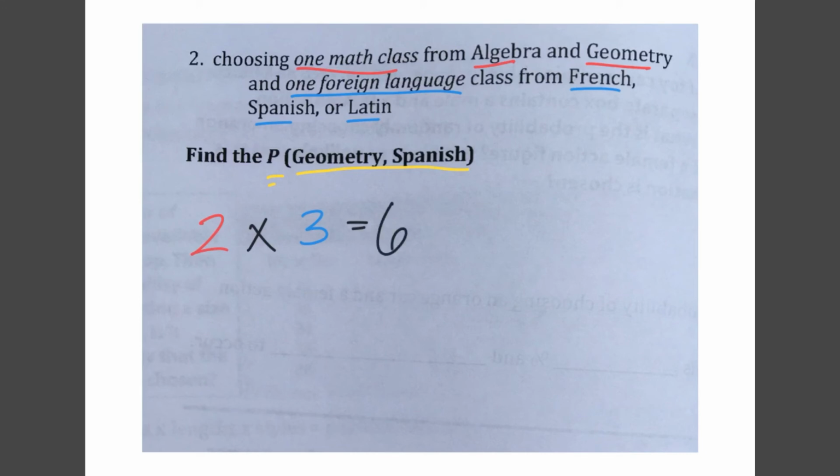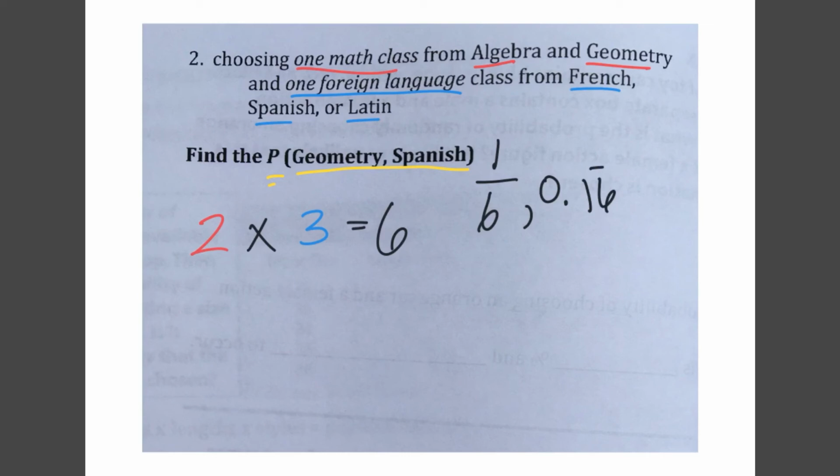So there's 6 different ways that we can mix and match the math and the language classes. Geometry and Spanish is 1 out of 6. So remember, we can divide and change that into a decimal. If you take 1 divided by 6, you're going to get 0.16, and that 6 is going to repeat.